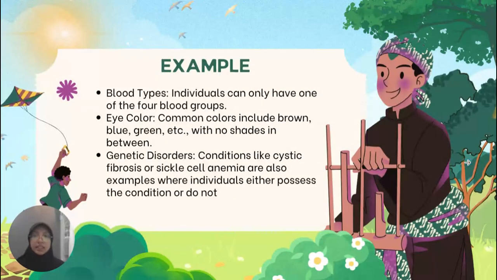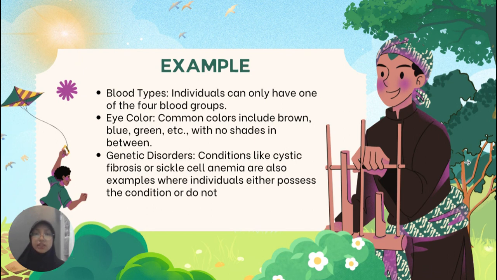Okay, next are the examples of discontinuous variations. I have three examples in this slide. The first one is blood types. Individuals can only have one of the four blood groups. For example, I have blood type O. The second is eye color.